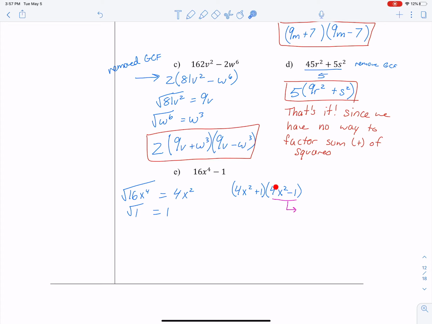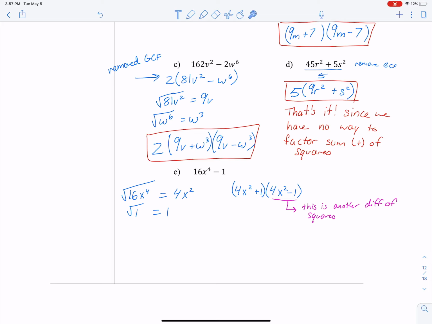And if we check, this 4, if we square rooted 4, it still is a perfect square, and 1 is always a perfect square. And there is a negative in here. So this is another difference of squares. So I'm going to keep going here.